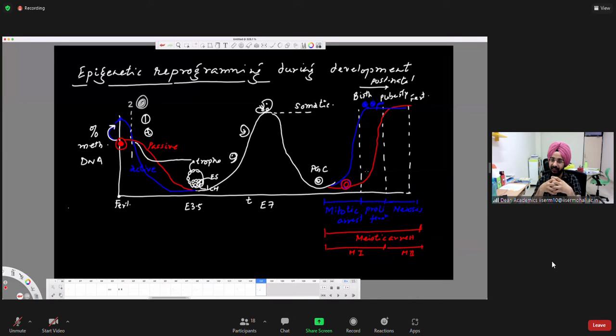Since the cells are arrested in the 4N stage in the female germline, you have no possibility of the semi-conservative mode of DNA methylation, methylating the hemimethylated DNA, right? So the DNA has to be methylated by de novo methylation.